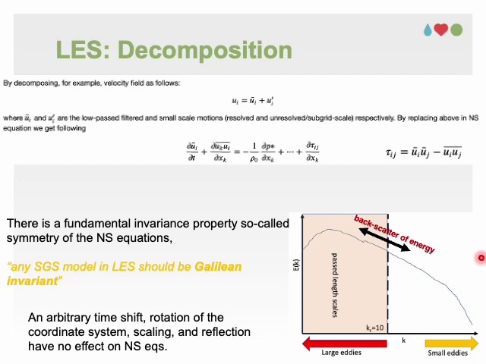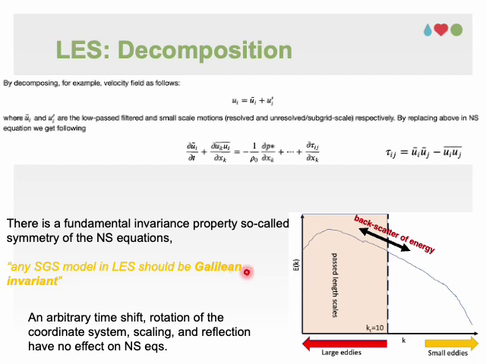I should point out here that in LES, the subgrid scale models should be Galilean invariant. It means that they should be invariant under a Galilean transformation to avoid unphysical results. By Galilean transformation, I mean operations like shift of a variable by a constant value, rotation, multiplication, and others.